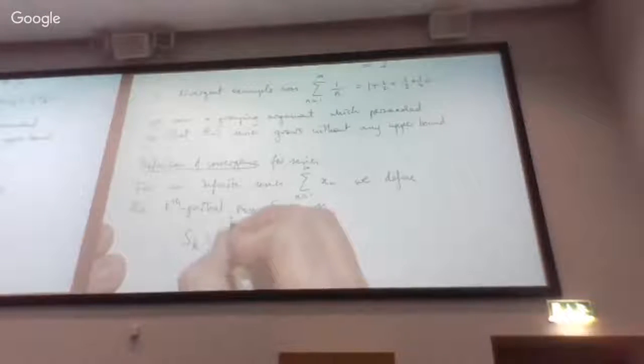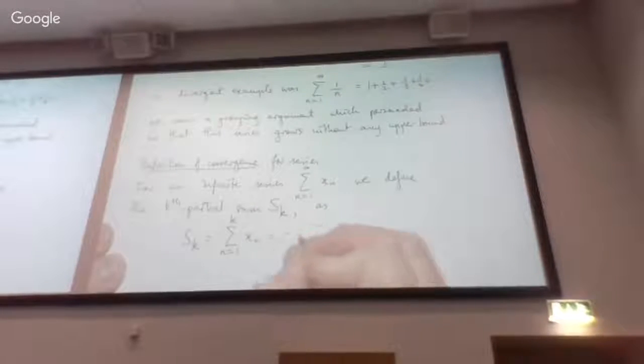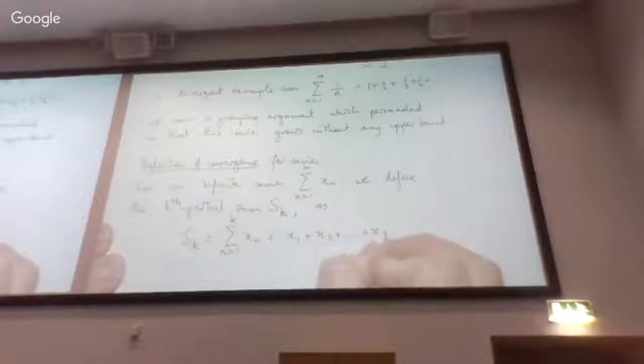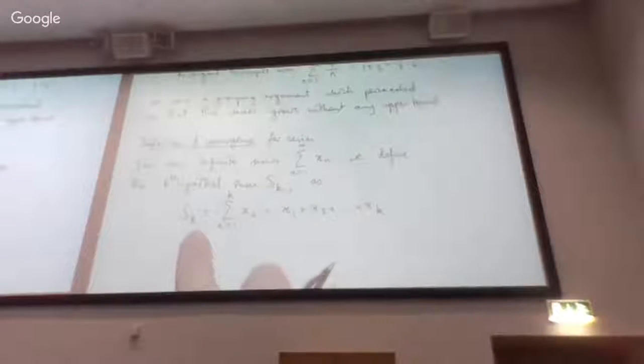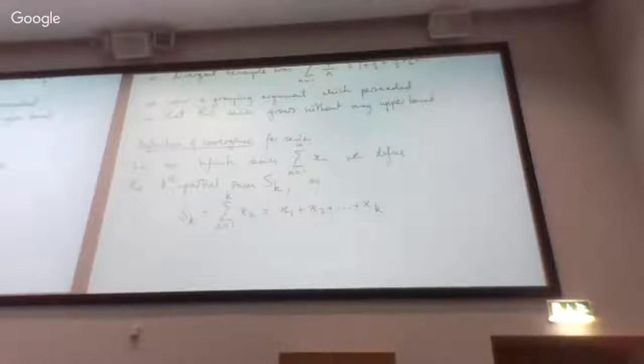You're just adding up the first k terms. So it's not this weird kind of infinite series, it's just adding up the first k terms. So no conceptual problems about what s_k is.